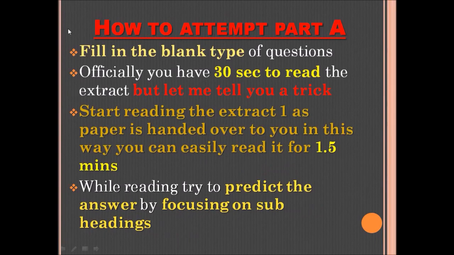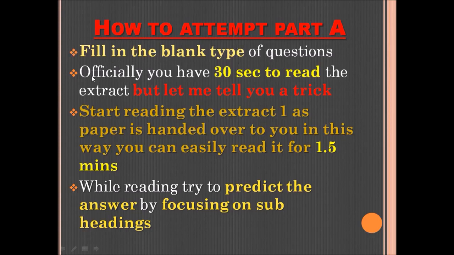So let me tell you how to attempt this part of the listening test and what strategies you should keep in mind while solving Part A. First of all, the questions in Part A are fill in the blank type: something is missing from a sentence, with a blank space in between, and you have to fill that space with a word or short phrase you hear in the audio.